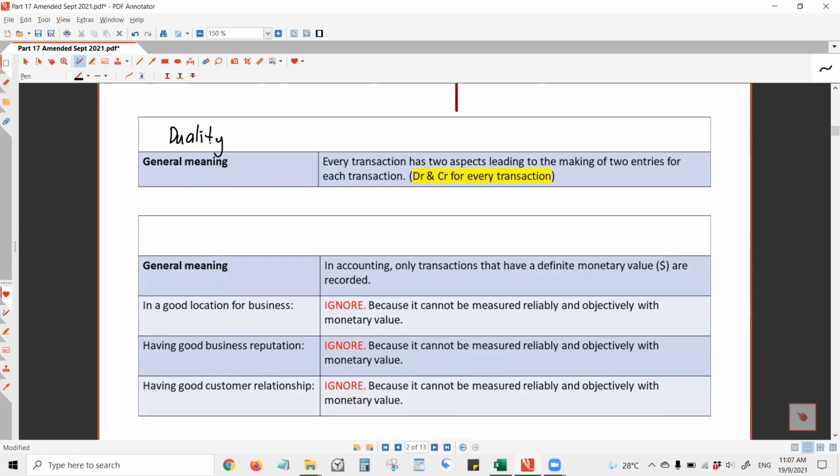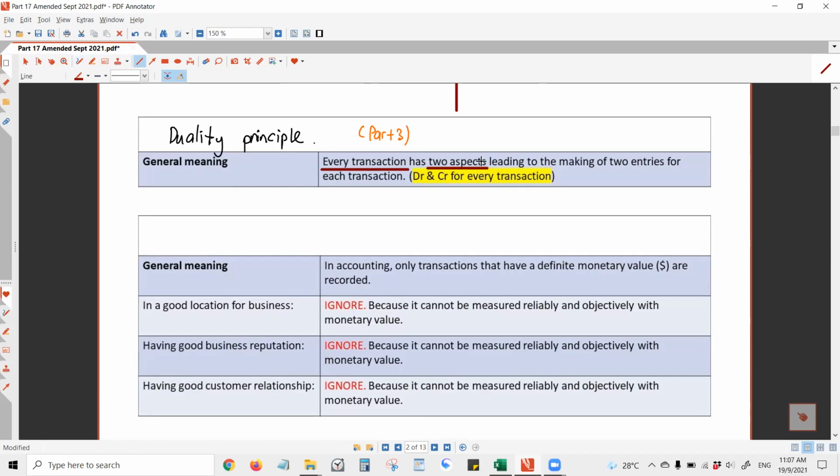duality principle. You saw this in part 3, when we started the topic of doing double entries. At that time we had this principle which tells that for every transaction in business, there will be two effects.